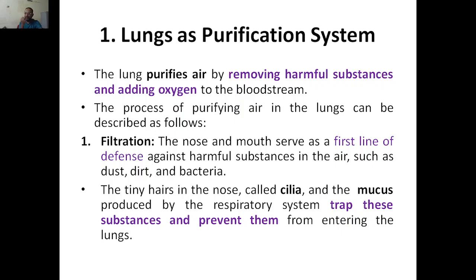Most of the macro particles will be filtered here. So when you roam in the city from morning to evening on your bike and come back in the evening to wash your face, obviously your face will have a lot of particles. In cities like Bangalore, Hubli, I'm talking about localities in Karnataka, or obviously in Mumbai it will be more, and in Delhi it will be unimaginable.